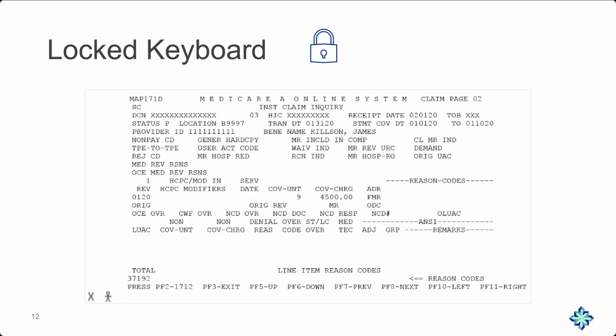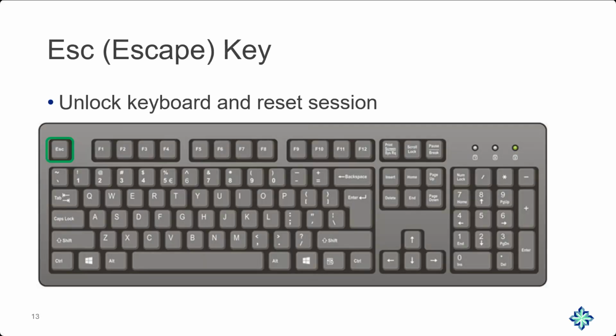Because if you attempt to type in an invalid field position, your keyboard may lock, and you might see one of these icons down here in the lower left corner of your screen. If you attempt to type in one of those fields, you might get those. So what you can do to unlock your keyboard and reset your session is to press the escape key, the ESC key, and then use your tab key to move your cursor to the next valid field.